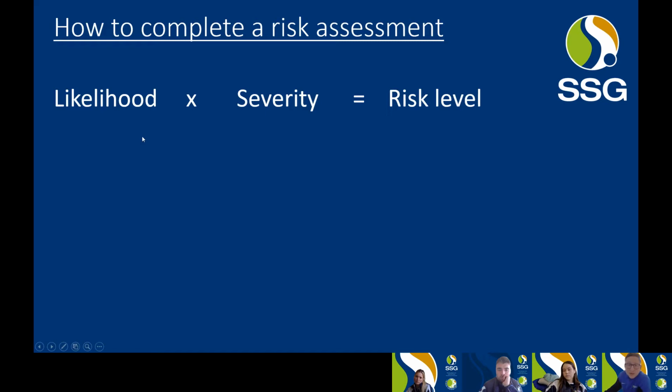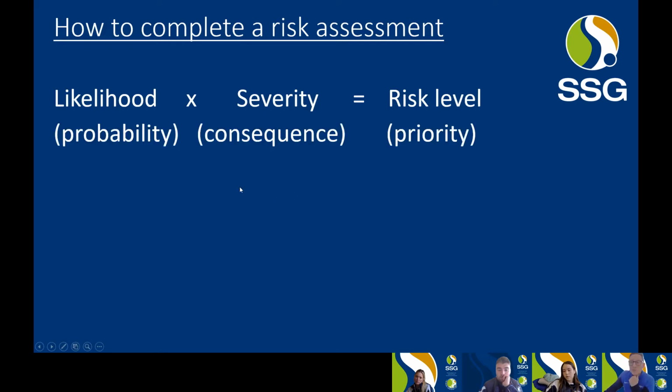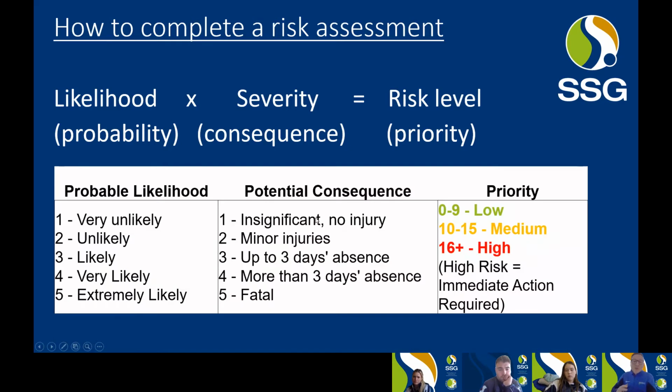So the likelihood times the severity is your risk level. That's how probable is it that it's going to happen, out of 5. And then what would the consequences of that be will give you your priority level. This has been taken directly from the forms that we use, if you've not seen one already.